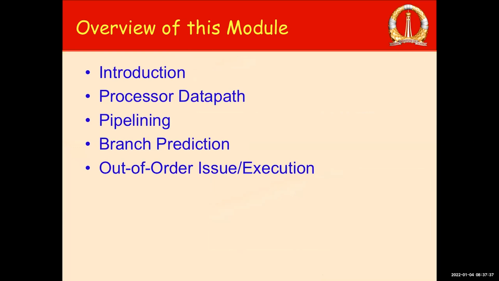And finally, we will conclude our discussions with certain aspects of out of order issue and execution, which will set the path for Professor Madhu Mutyam to take over, where he will talk about superscalar architectures. So roughly, this is what we are planning to do in this 1.5 hours.